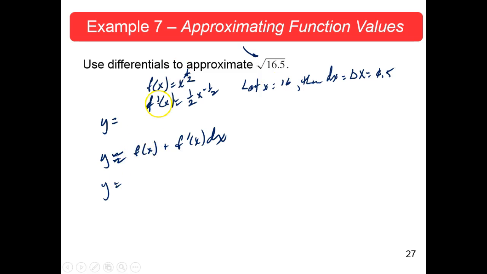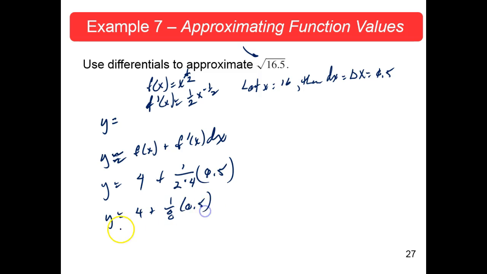If x is 16, square root of 16 is 4 plus, and your f prime from up here is 1 over 2 times the square root of 16, which is 4, times your dx, which is 0.5. Okay, that's your delta x, or your dx. So y is equal to 4 plus 1/8 of 0.5. So someone plug that in your calculator and see what you get. It shouldn't be too hard to do.